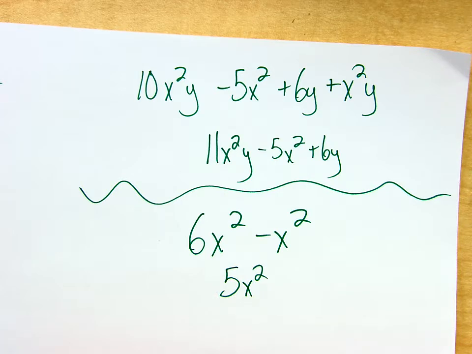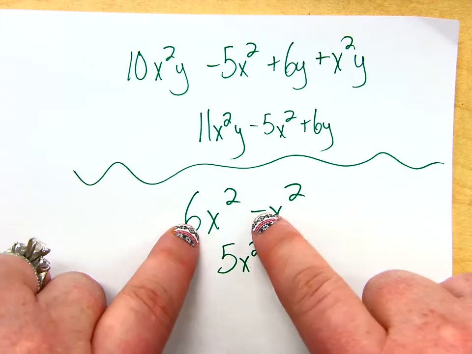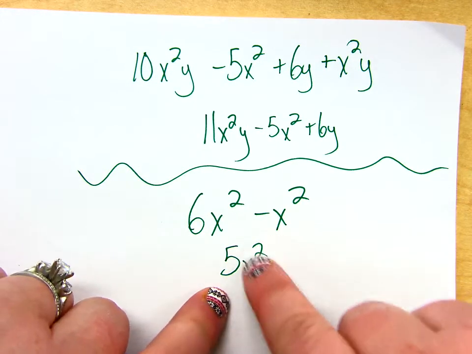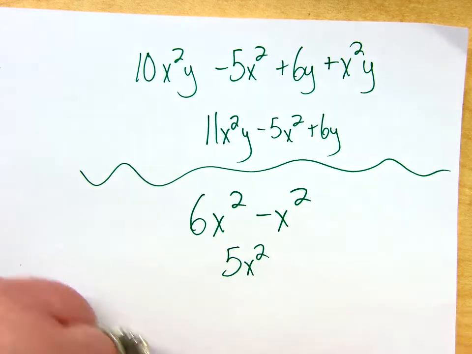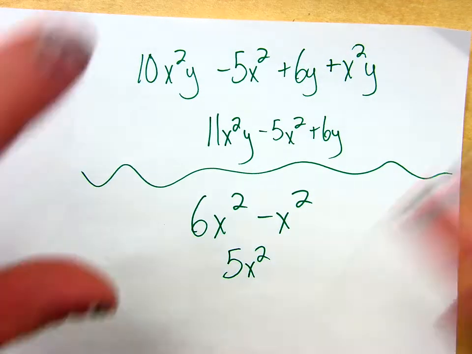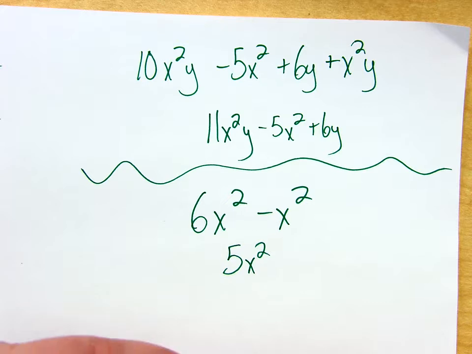It does make sense though, because think about when you add 2 apples plus 3 apples, you just call it 5 apples, right? You don't call it 5 apples squared or something. It's 6 of these minus 1 of these, so these stay the same. I'm literally taking this many and just putting them together.